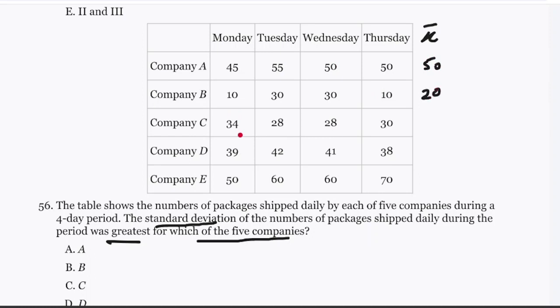Now this is 34 plus 30, 64, 64 plus 56, that is 120, 120 by 4, 30. Then I have 39 and 41, 80, and 80, 160, 160 by 4, 40. And then company E, 120 and 120, 240, 240 by 4, 60. So this is the x bar.